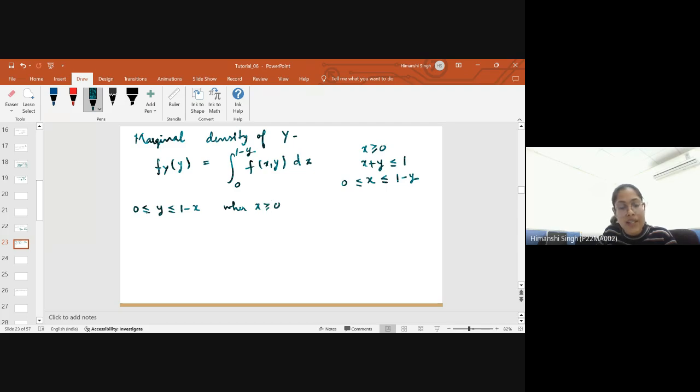So y will always be less than or equal to 1, and y is ranging between 0 and 1.